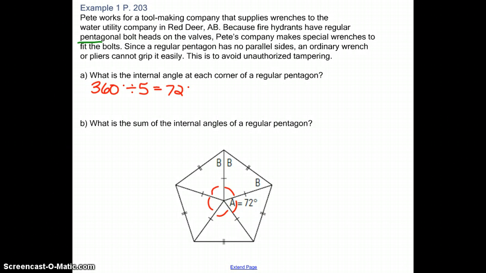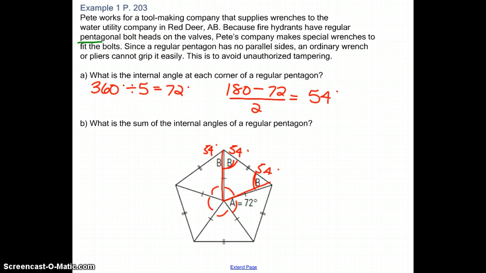Now we need to figure out each of these other angles, B. So since this side and this side are the same length given here, we know that we have an isosceles triangle. So to find the other corners, we'll go 180 minus 72 divided by 2 to get B, which is 54 degrees. So if B is 54, and this B is 54, that makes this B also 54, because all of these triangles are congruent.